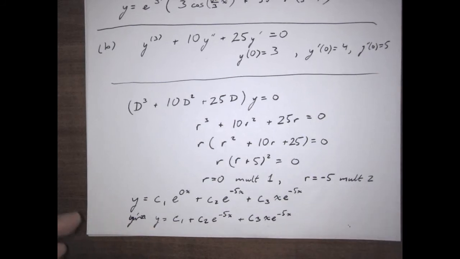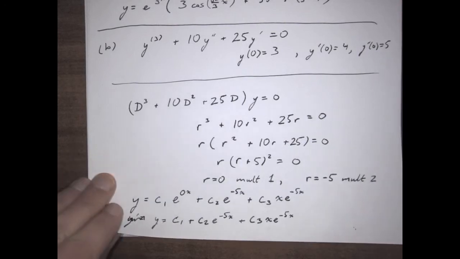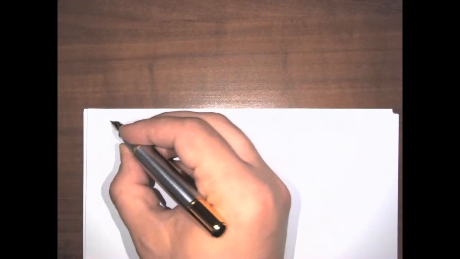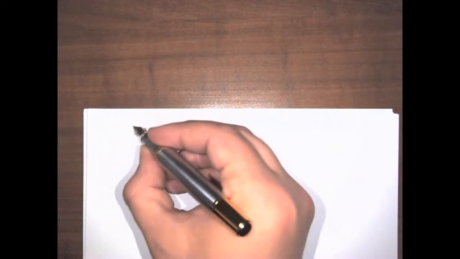Now, we take the derivative, and we take the derivative again in order to get things that we can apply the initial condition to.